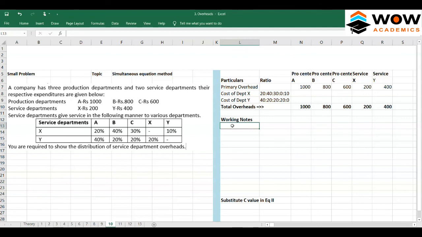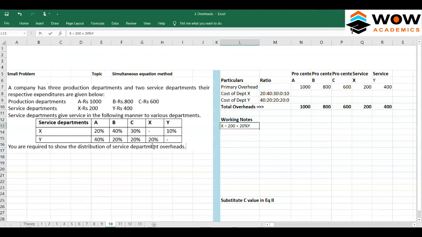First we'll start with X department. So X has a cost of 200 plus it also gets service from other departments. So this is X giving service to other departments. This is Y giving service to A, B, C and X. So X is receiving 20% of Y. Okay.